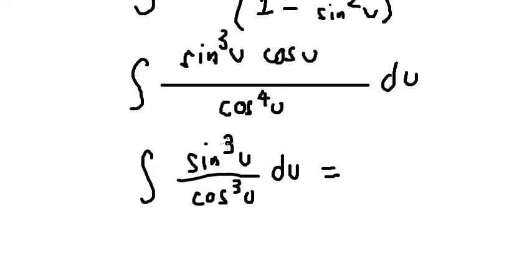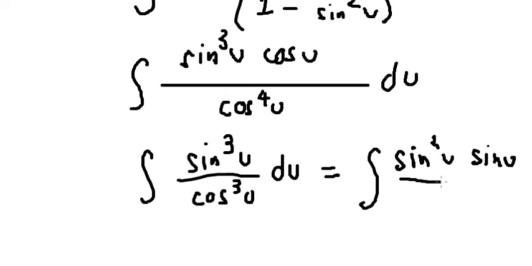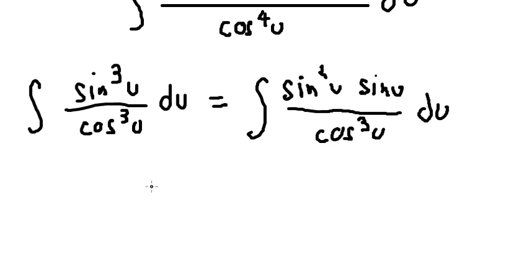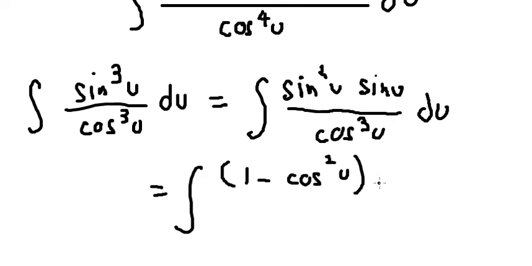About sine u to the power of 3, we can put about sine u square sine u over cosine u to the power of 3. About sine u square, we can change into 1 minus cosine u square sine u over cosine u to the power of 3.